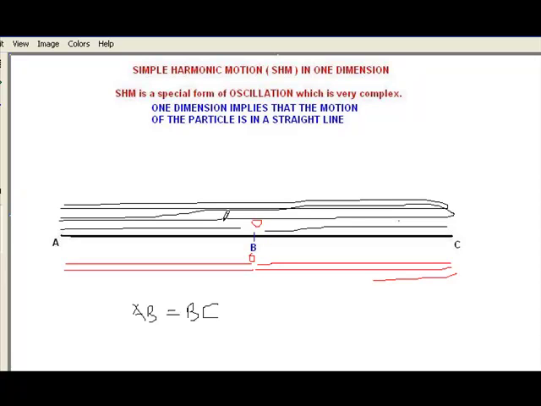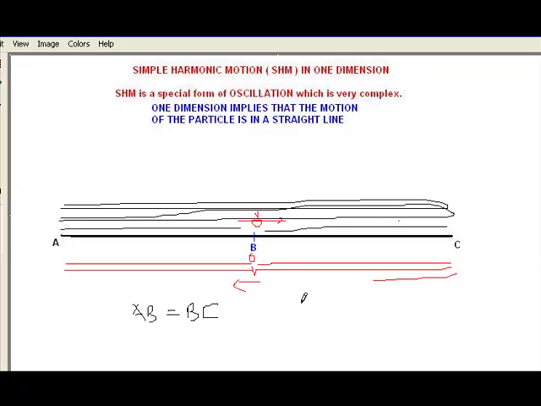That means as it moves from A to C, this maximum speed here is equal to the speed here as it goes from C to A. Now, I'm not using the word velocity because velocity implies direction, but you can say that the speed is magnitude. The speeds are equal.